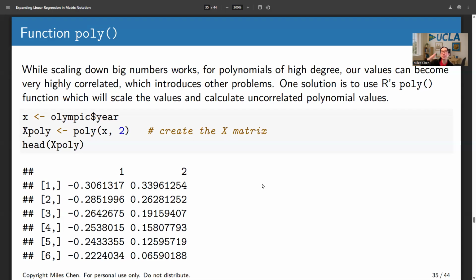Your parameter estimates start to become unstable, because when things are highly correlated, it's difficult to know which one is actually important. If you look at a whole bunch of houses, square footage and the number of bedrooms are highly correlated.